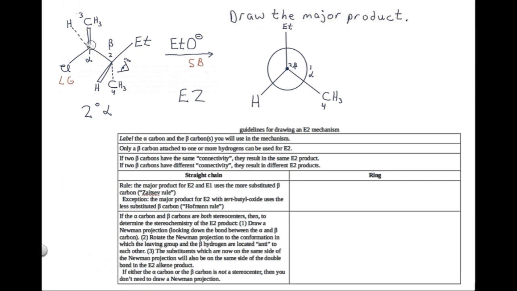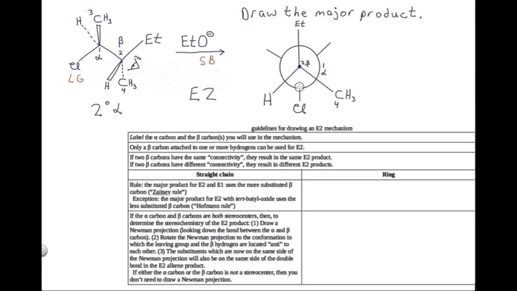Now, carbon 1 is attached to the chlorine, which would be pointing down from this person's perspective. Here's the chlorine pointing down. Here's the other two bonds for carbon 1. Notice that these three bonds are all attached to the circle, not attached to the dot, to show that they're attached to carbon 1, not to carbon 2.